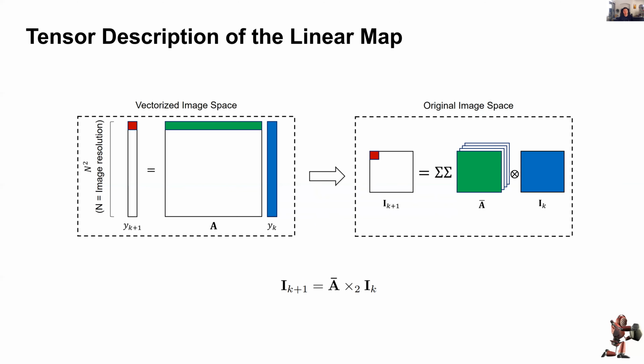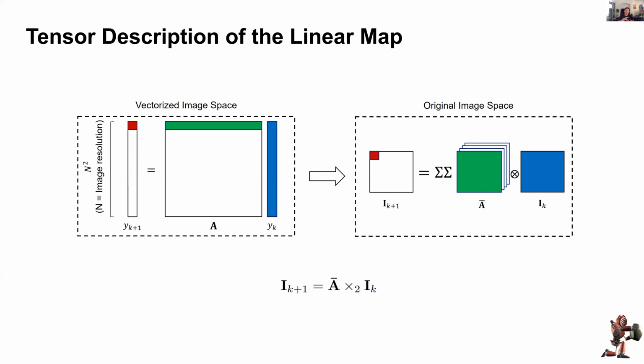So if we think about what's happening in the linear map, the red pixel, where Y is the vectorized image, so each element represents a pixel, is going to be a dot product of one row of A and the entire image Y_k.